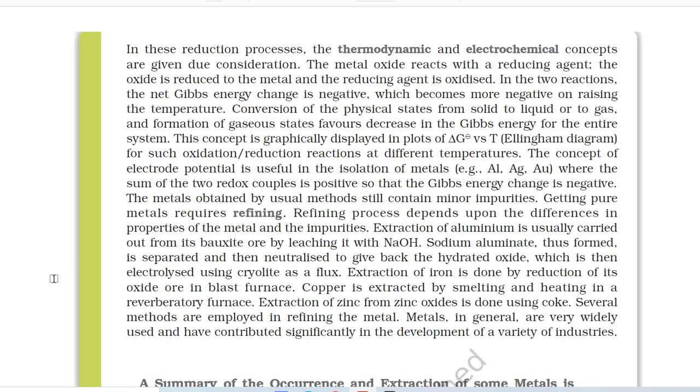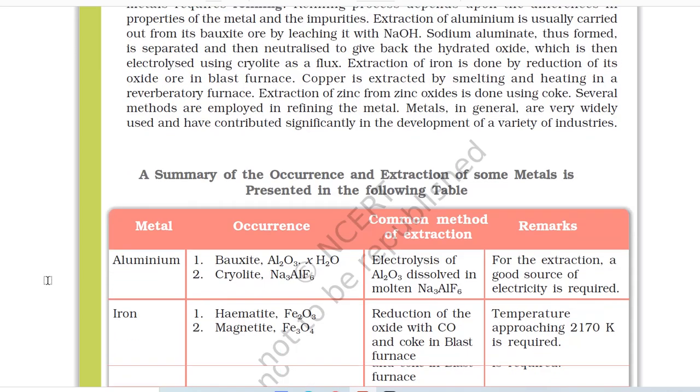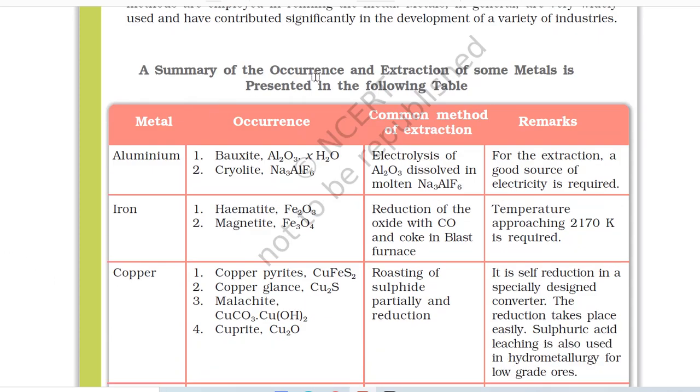Copper is extracted by smelting and heating in a reverberatory furnace. Extraction of zinc from zinc oxides is done using coke. Several methods are employed in refining the metal. Metals in general are very widely used and have contributed significantly in the development of a variety of industries. A summary of the occurrence and extraction of some metals is presented in the following table.